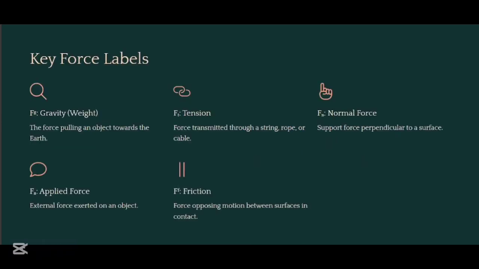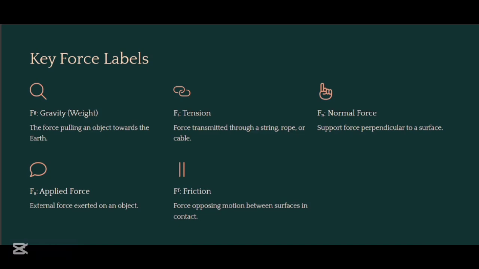The key force labels: for gravity, the force is F subscript G, the force pulling an object towards the earth. For tension, the symbol is F subscript T, the force transmitted through a string, rope or cable.